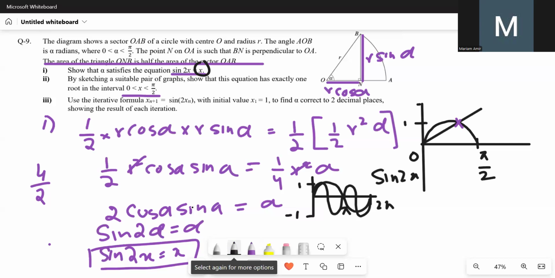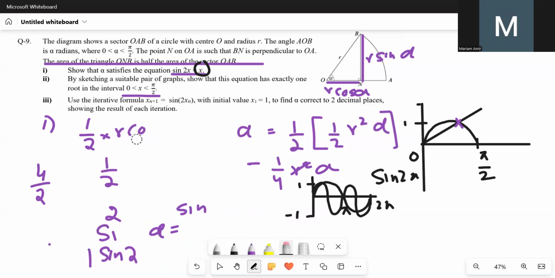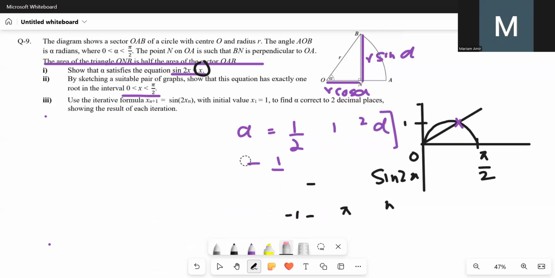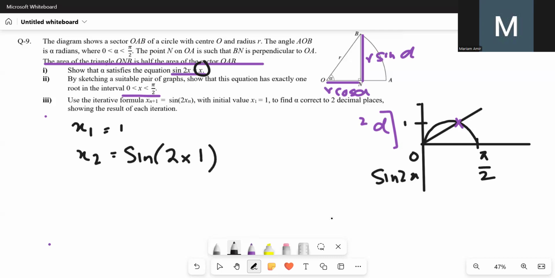Okay. Part 3 says that we have to use the initial value 1 and use this given iterative formula to find the root. Okay, so x1 is given as 1. For x2, we write the iterative formula, sine 2 times, write 1 here.